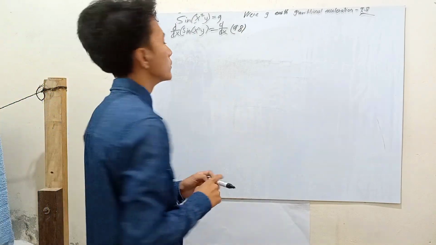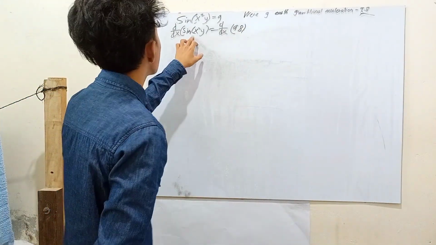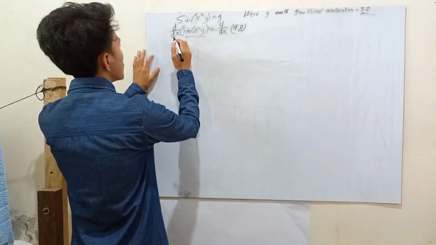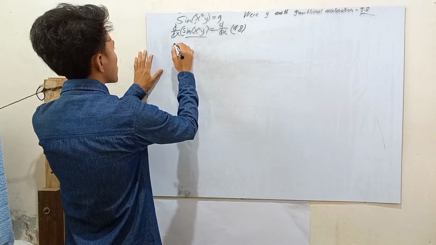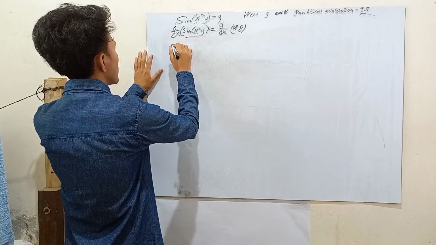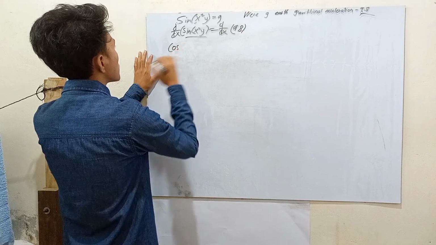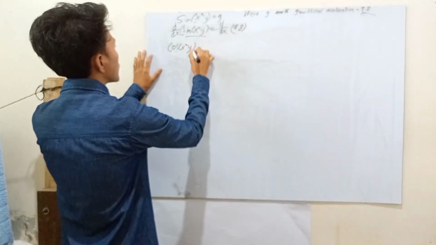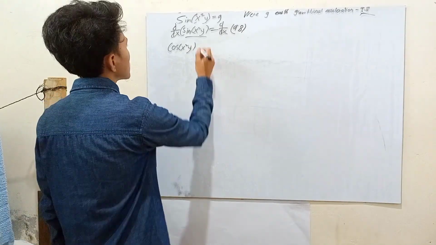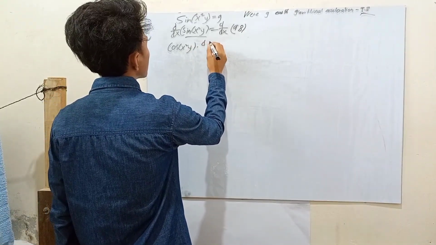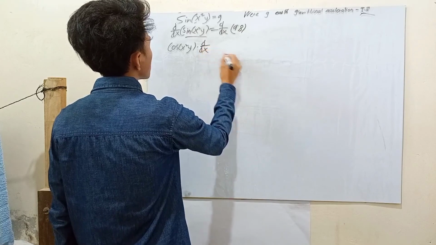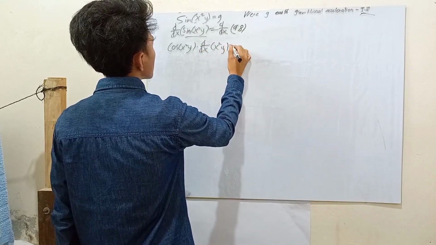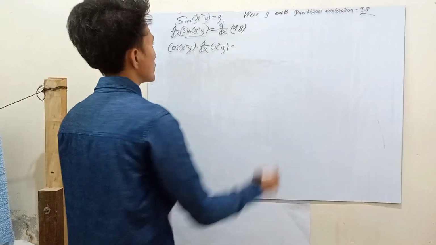The next thing we do is derive this one using the chain rule. The derivative of sin is cos x squared y, then multiply it by d over dx of x squared y, and the derivative of the constant is 0.